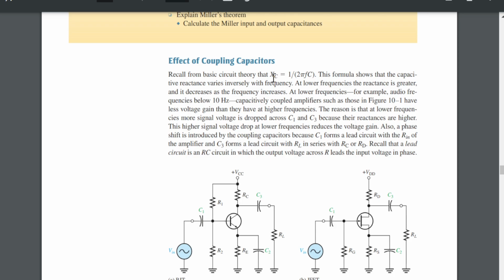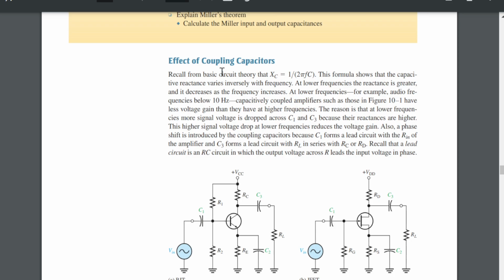This is actually a resistance. The capacitive reactance is inversely proportional to the frequency and capacitance. So at high frequency the capacitive reactance will be low, and if the frequency is low, the capacitive reactance will be large.